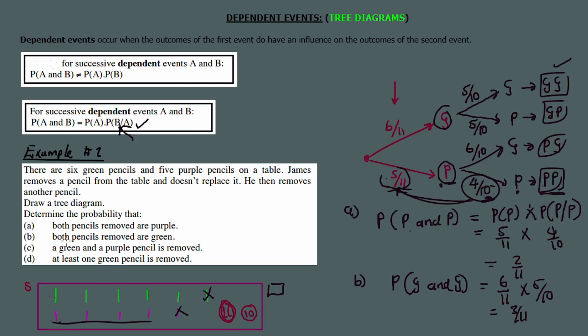C. A green and a purple pencil is removed. A green and a purple. They don't tell us in what particular order. So green, purple is this one, purple, green is this one. So it's not two outcomes here, it's this one as well as this one. Because with those events, it's either you take the green first and follow with a purple, or you take the purple first and follow with a green.